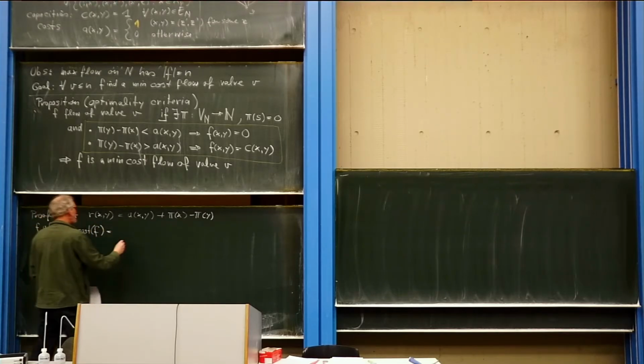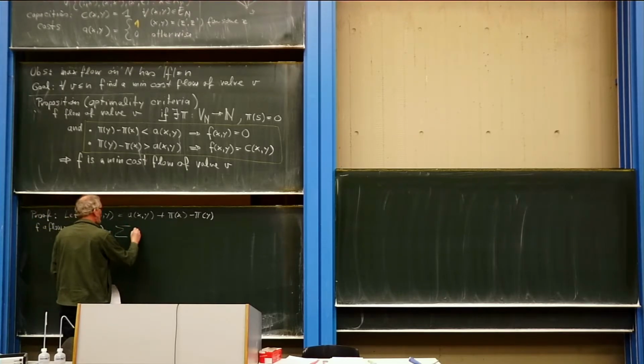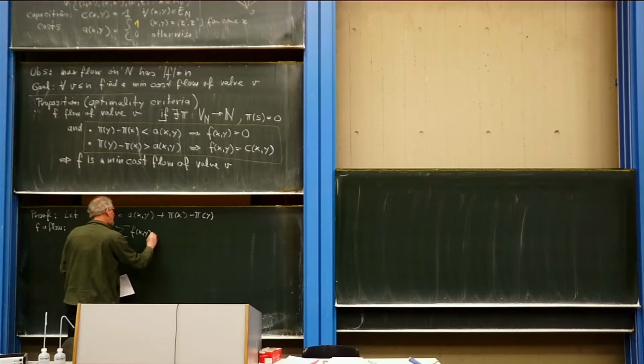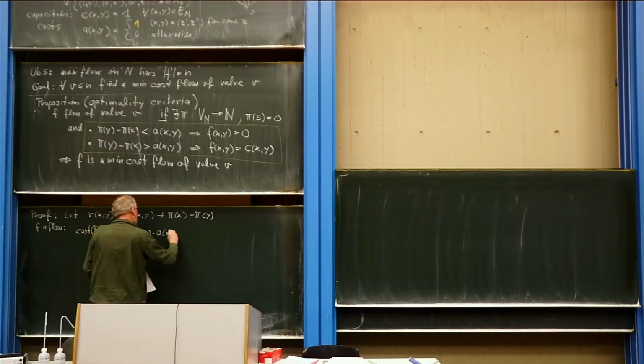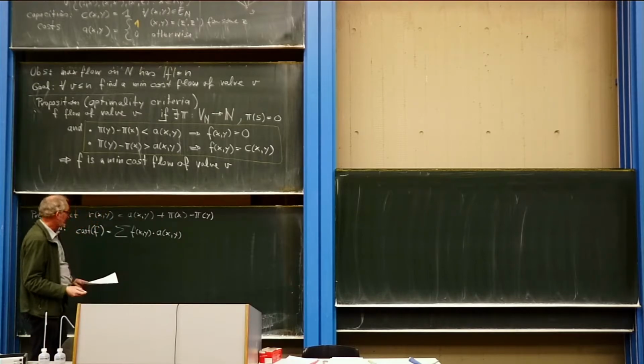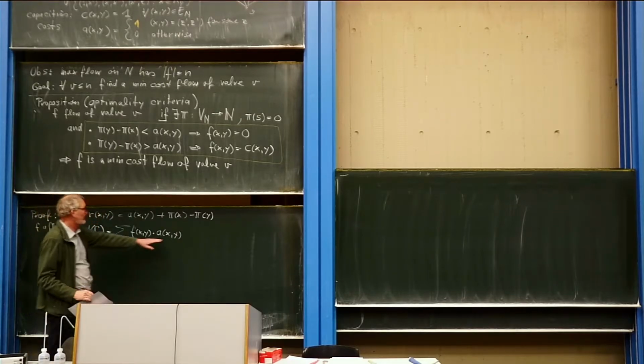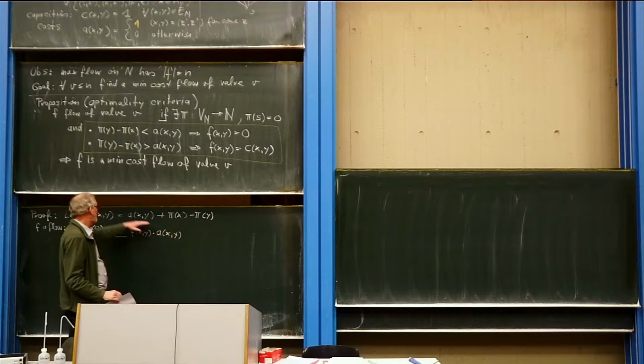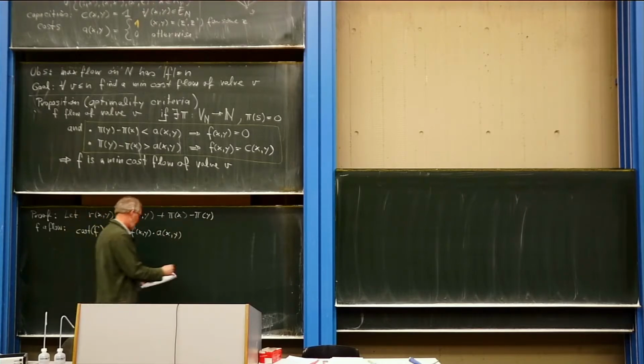This is equal to the sum of the flow values on the edges times the cost. And now we can replace these A's by the R's.